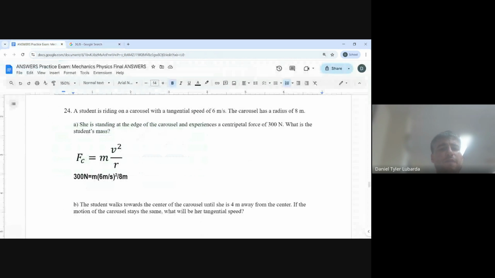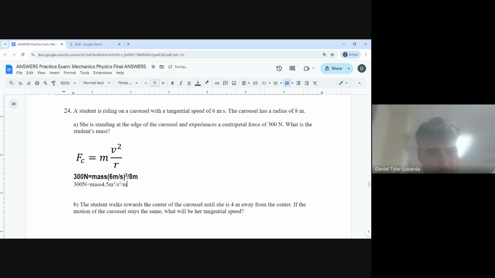That's 4.5. So we're going to have 300 newtons equals 4.5. Well, let's see what units we have. Oh, let's not forget our m. I'm going to write mass so we don't get confused here, because we also have m for meters. We have meters squared, because we squared everything in there, divided by seconds squared, divided by meters.